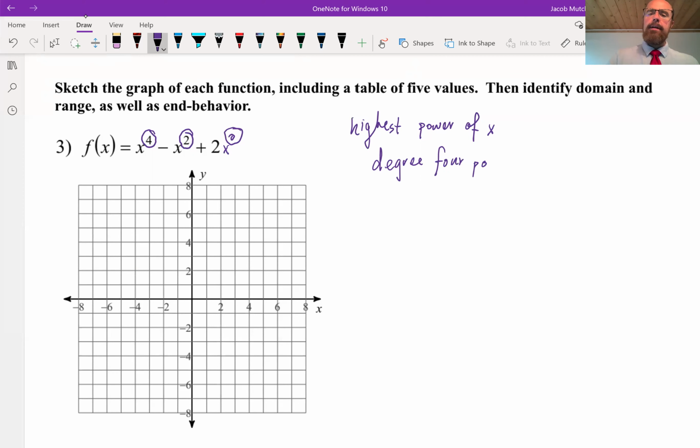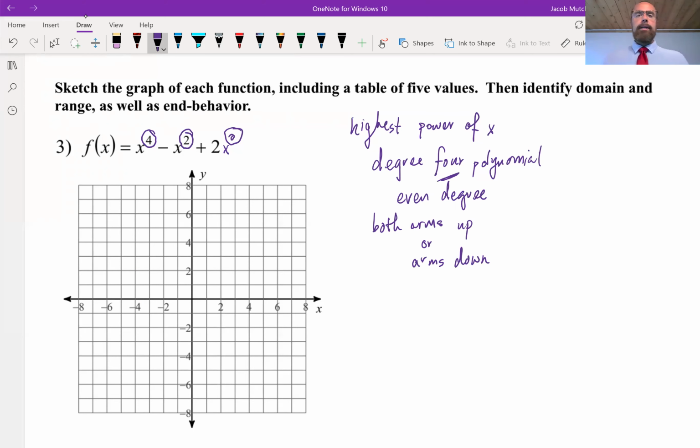When I think about that 4 and try to identify, is that even or odd? Definitely the 4 is an even degree. So like our first example, what we'll expect is both arms opening up or both arms opening down. So we'll record that, both arms up or both arms down.